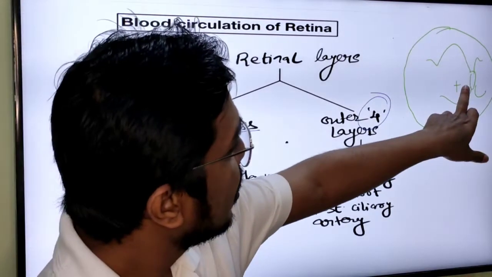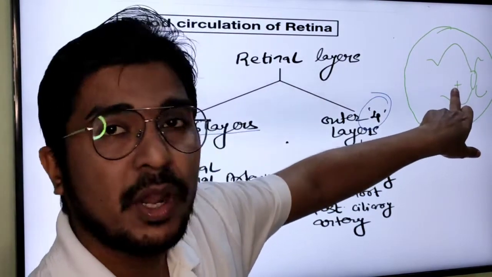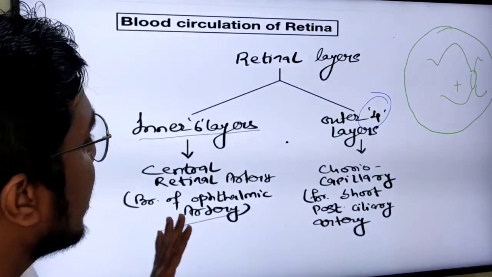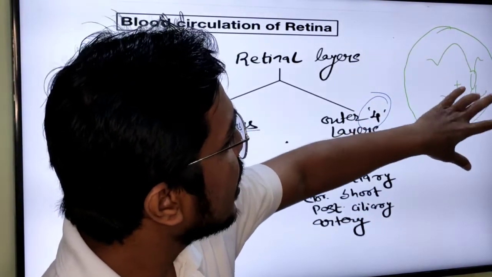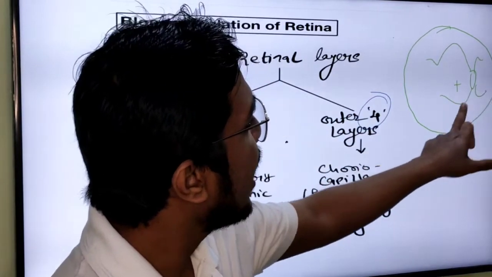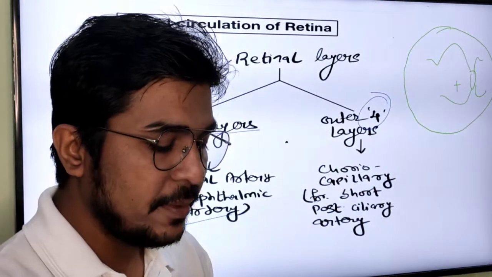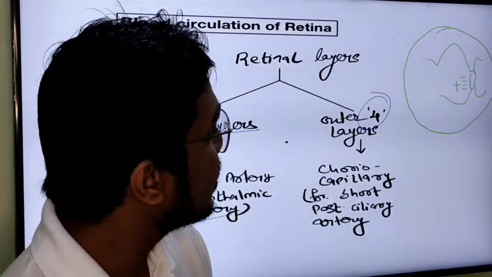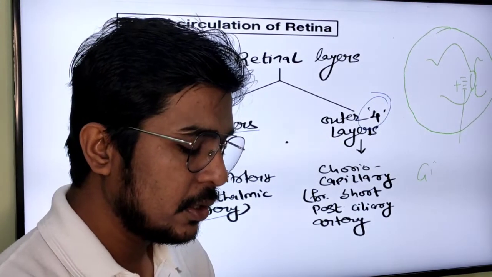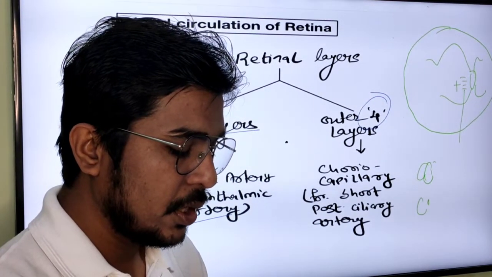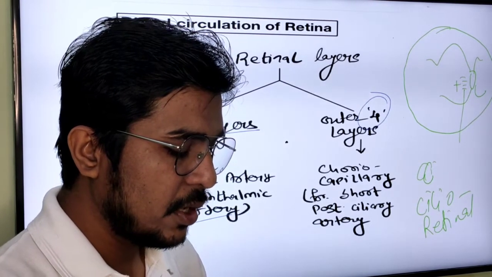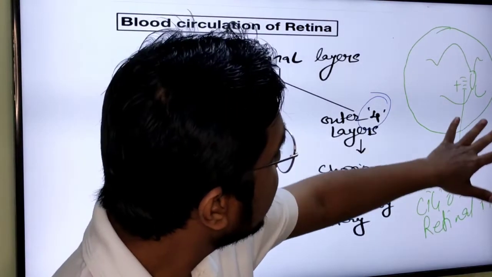This is the macula, plus is the normal notation for macula. So the central retinal artery, when it enters the retina, splits into 4 quadrants, 1, 2, 3 and 4. Sometimes there is also one other blood vessel. So this marking I have shown you is nothing but the cilio-retinal artery.